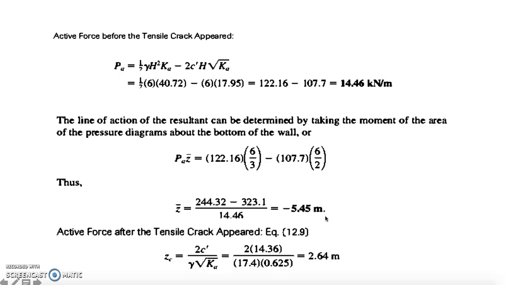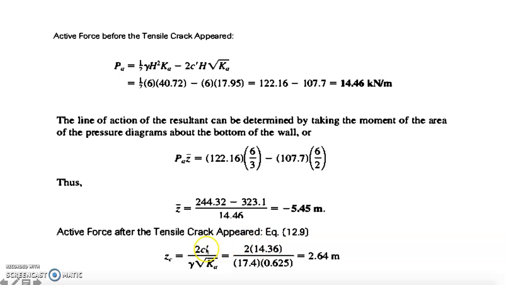So this is the location of our total Rankine active force. Now we're going to compute the active force after the tensile crack. You have to compute Z sub C, the depth of the tensile crack.